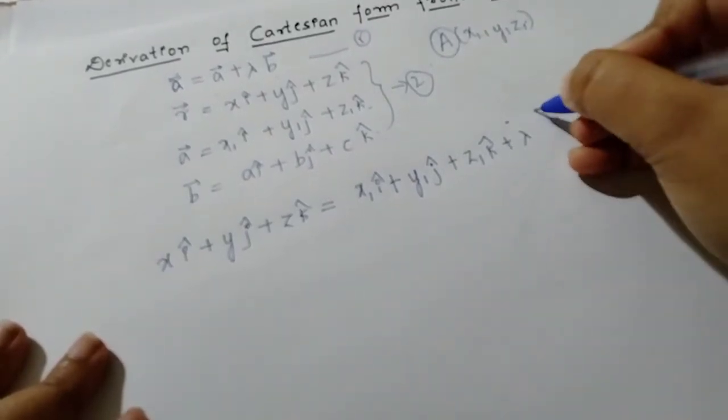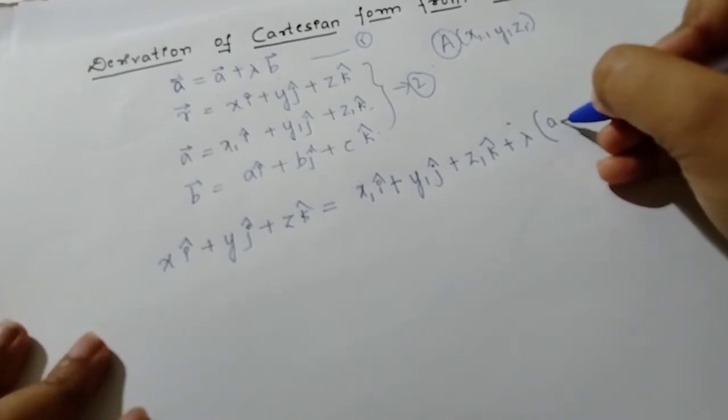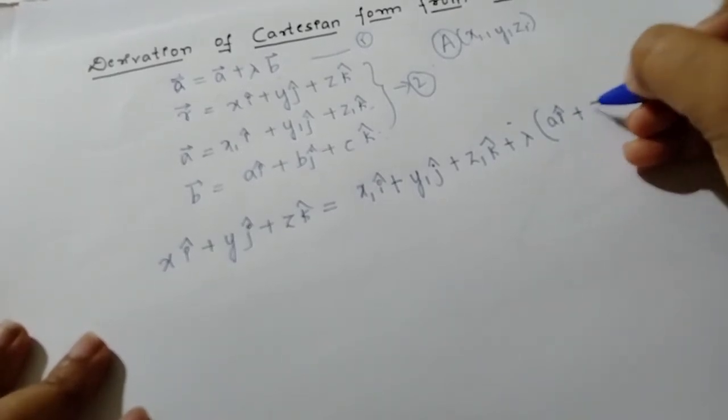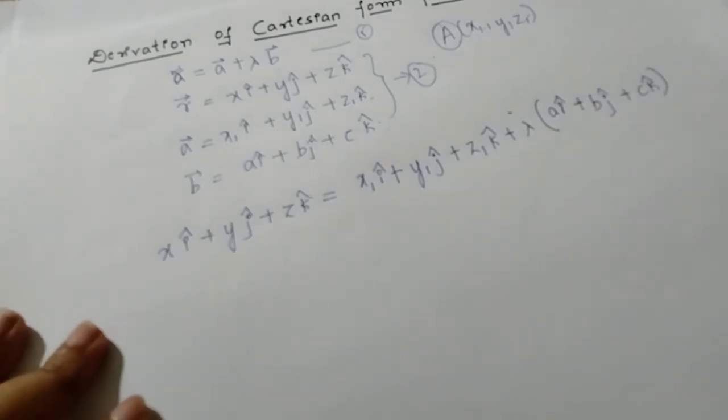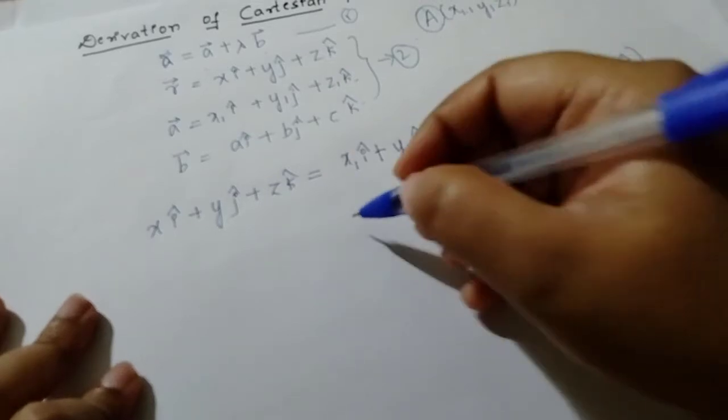plus lambda times of, what is b value? ai plus bj plus ck. Okay, this part I have kept as it is.